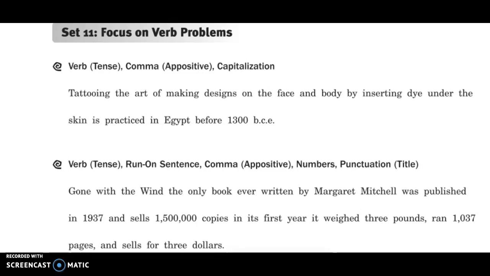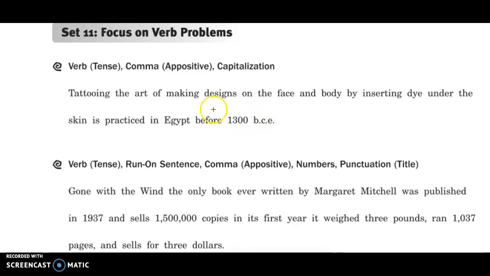So I know when I'm looking at verb tense errors, I'm looking for either past or present tense verbs. Now, the author of this sentence gave me a clue about whether or not I should be looking for past or present tense. The clue is 1300 BCE. Now, obviously, this takes place in the past.